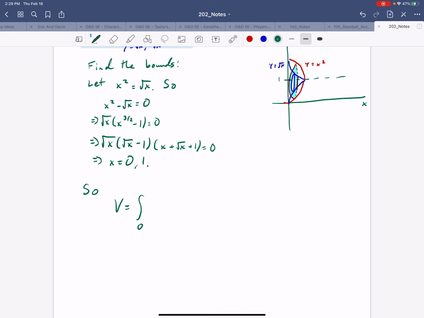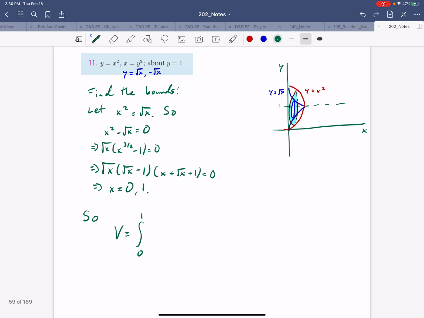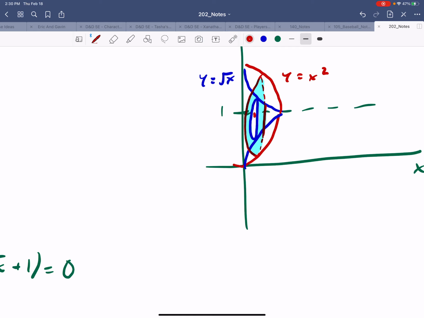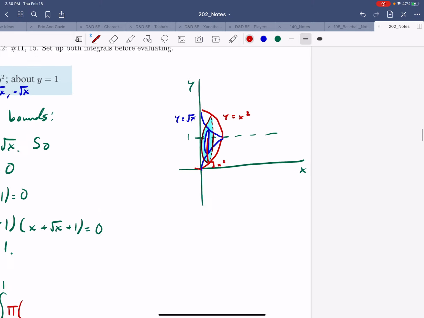we're going to get the integral from 0 to 1 of, we know we're integrating with respect to x because we're rotating our region about a horizontal axis. Well, then it looks like we're getting the area of that first curve. Actually, let's use red because it looks like red is the outer curve. What is the radius of that region right there? Looks to me like it's 1 minus that distance, which is x squared.